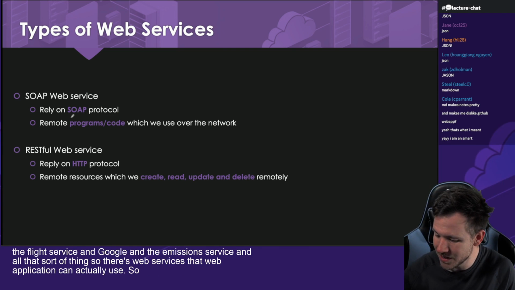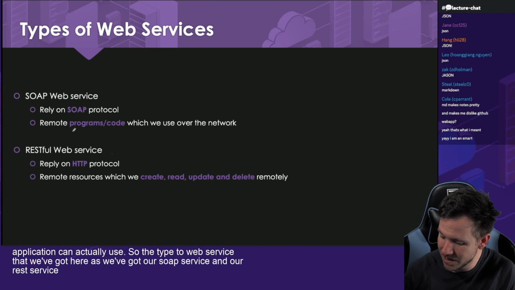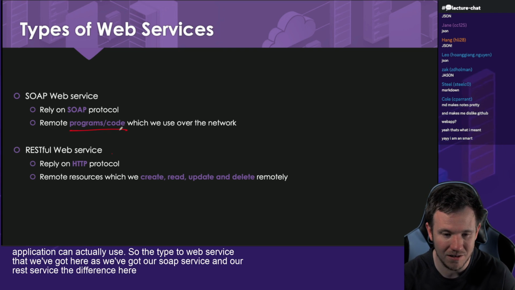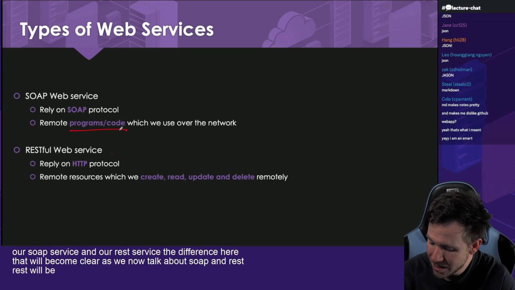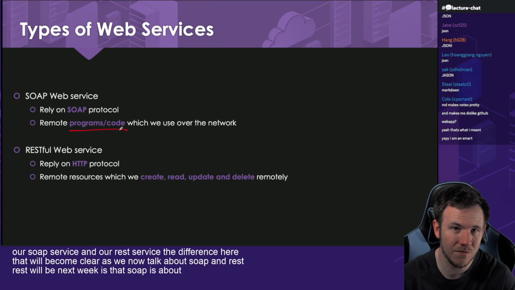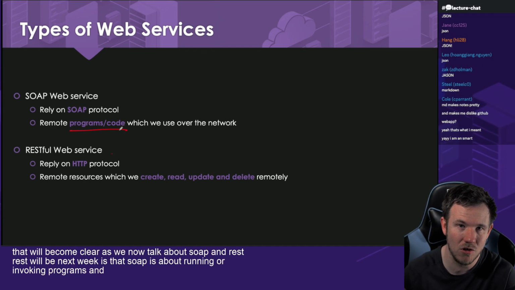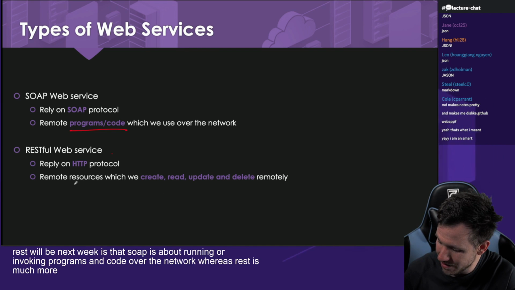The types of web service that we've got here are our SOAP service and our REST service. The difference, which will become clearer as we talk about SOAP and REST next week, is that SOAP is about running or invoking programs and code over the network, whereas REST is much more data oriented or resource oriented, right?